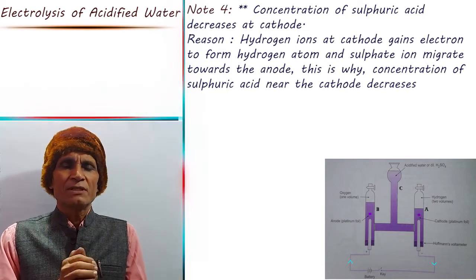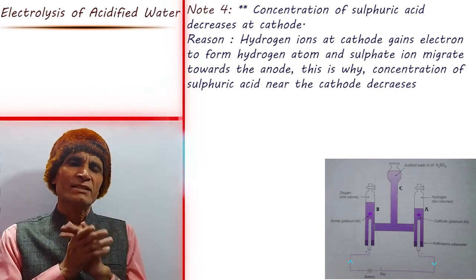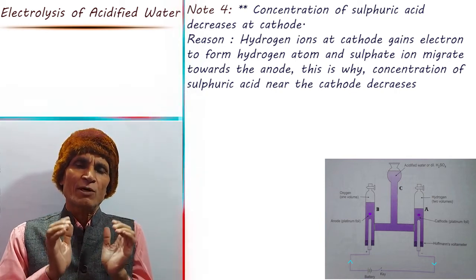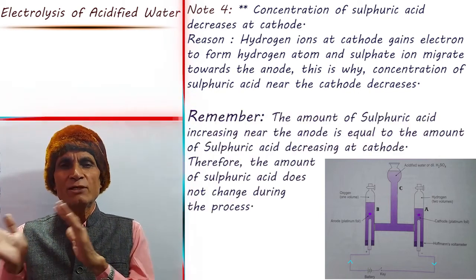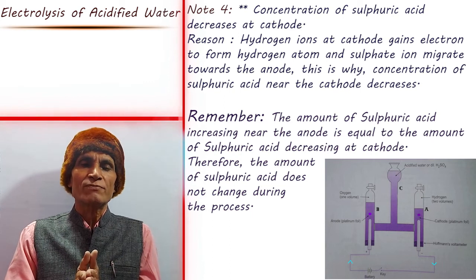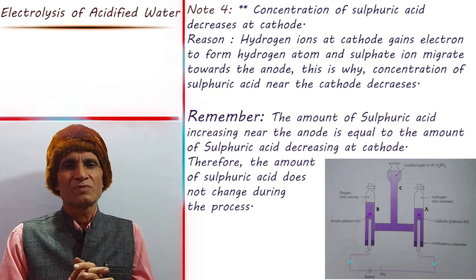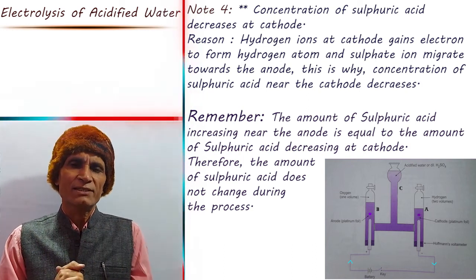This is why the concentration of sulfuric acid near the cathode is decreasing. Here, the amount of sulfuric acid increasing near the anode is equal to the amount decreasing near the cathode. Thus, the amount of sulfuric acid does not change.